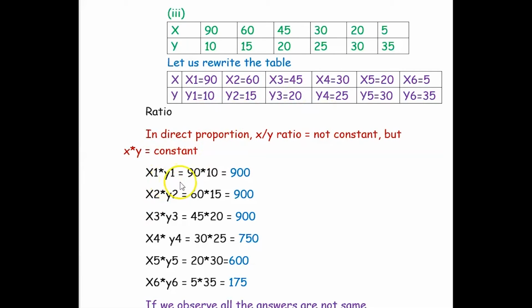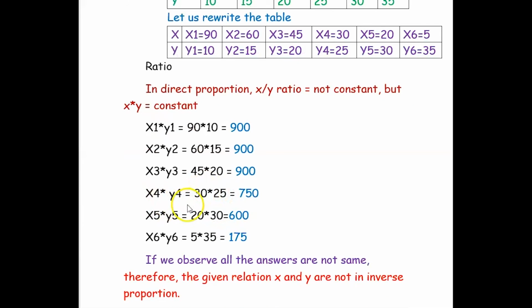x1 into y1, that is 90 into 100, 900. x2 into y2, 60 into 15, which is also 900. x3 into y3, that is 45 into 20, which is also 900. Then next is x4 into y4, 30 into 25, which is 750.